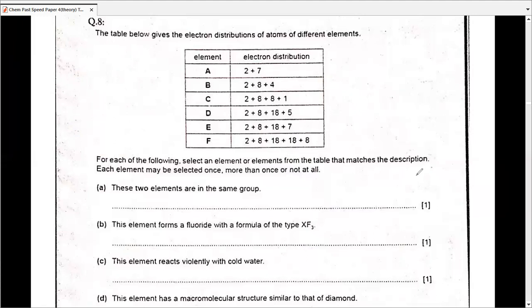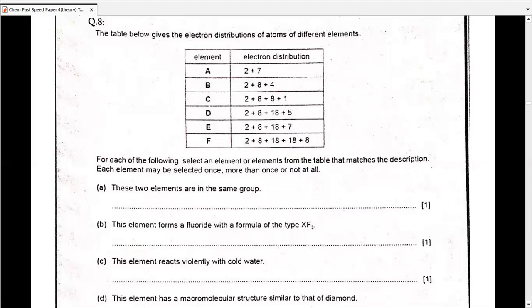So, it would be element C. C, great. Next up, has a macromolecular structure similar to that of diamond. It would be element B.